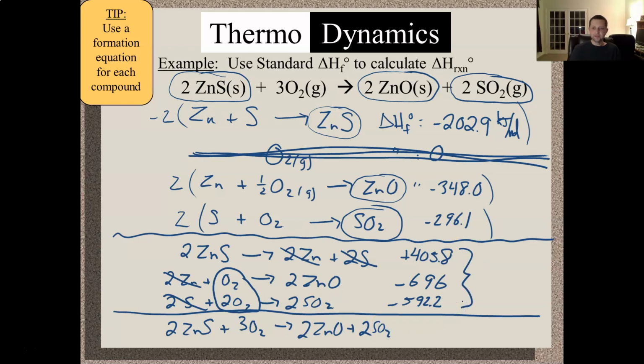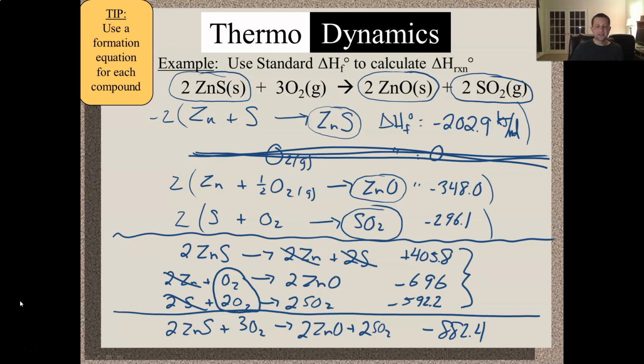Take all of your delta H values and add them up: 405.8 plus negative 696 plus negative 592.2. You get a grand total, actually not positive, obviously, we have a negative 882.4.